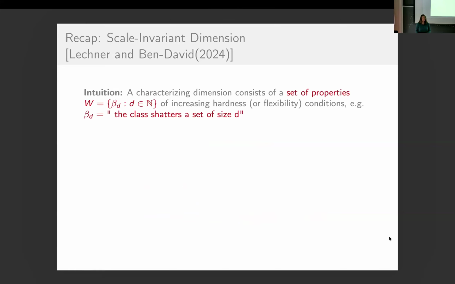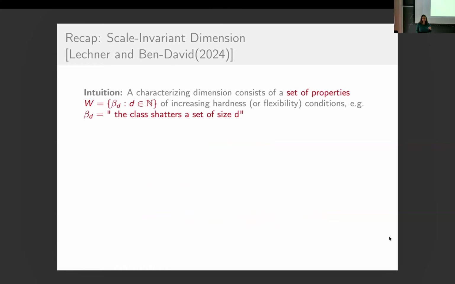Before looking into scale sensitive dimension, I first want to give a brief recap on what it means for a scale invariant dimension to characterize a learning problem. Intuitively, a characterizing dimension can be thought of as a set of properties of increasing hardness.